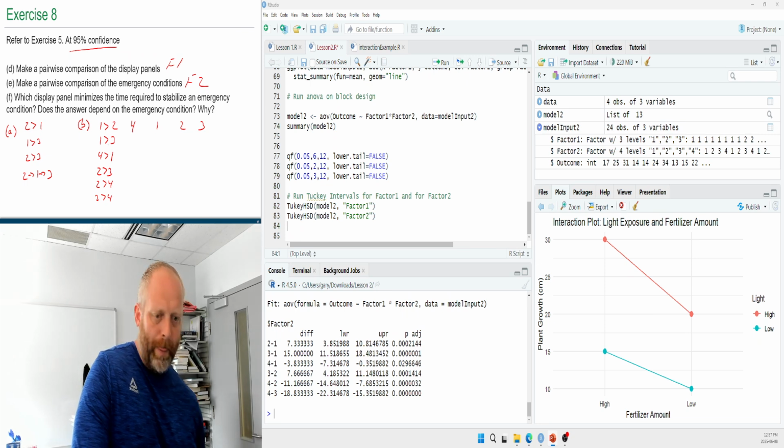Did I do this calculation? 1 is better than 2. 1 is better than 3. 4 is better than 1. 2 is better than 3.